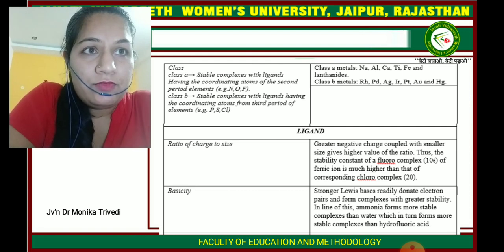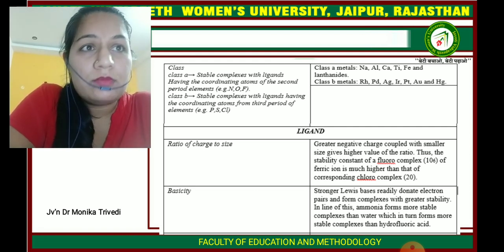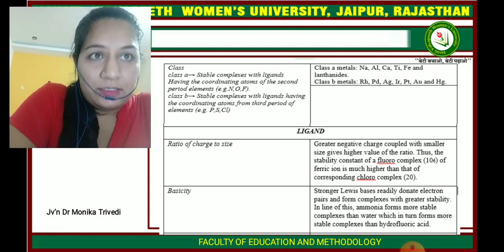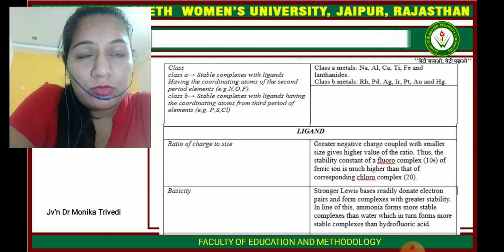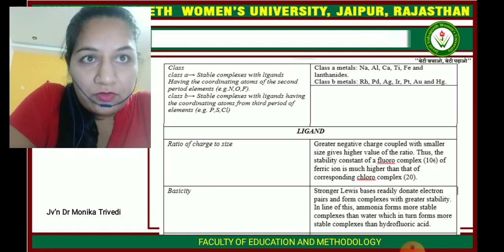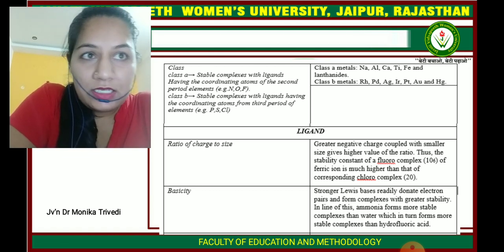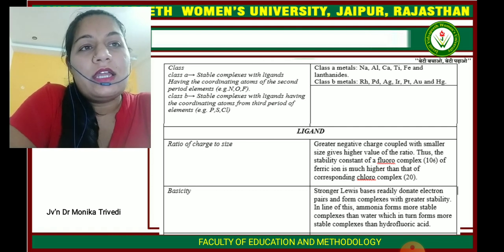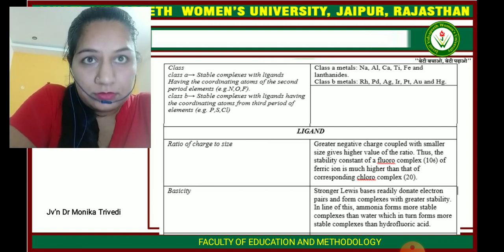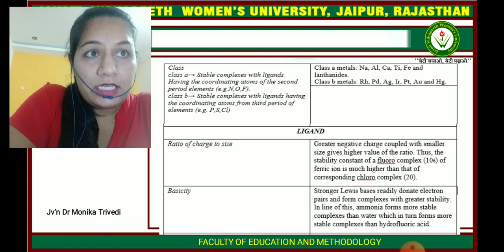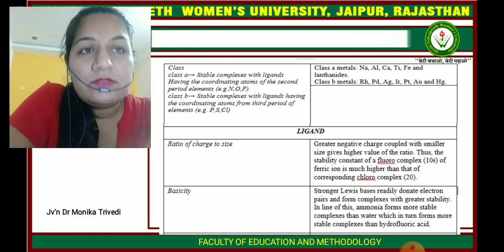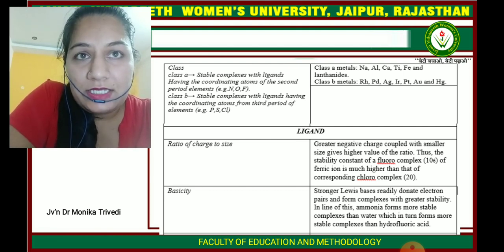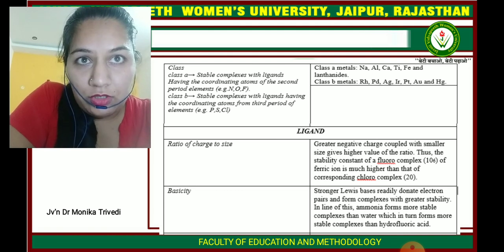For class A type metals, like sodium, aluminium, calcium, titanium and iron, and the lanthanides, the stability of complexes is greater with ligands having a coordinating atom from the second period, like N, O, F compounds. And class B metals, like rhodium, palladium, silver, iridium, platinum, gold and mercury, form complexes with higher stability with ligands having a coordinating atom from the third period, like P, S, Cl compounds.